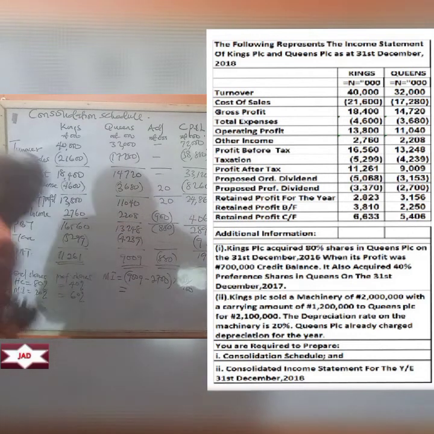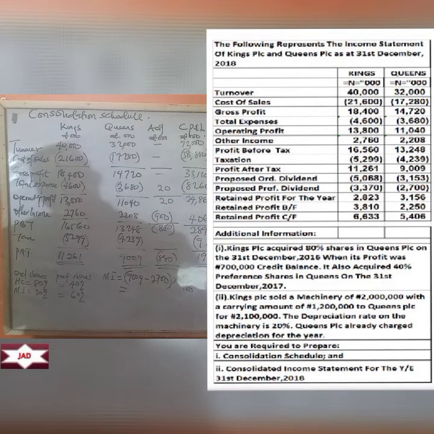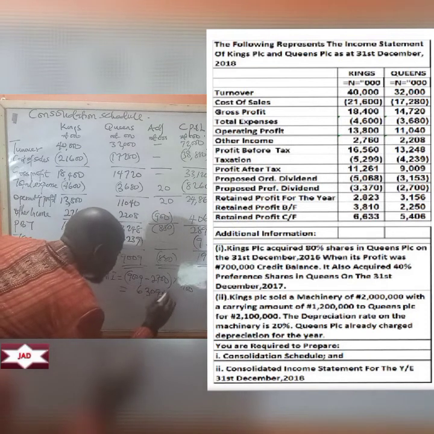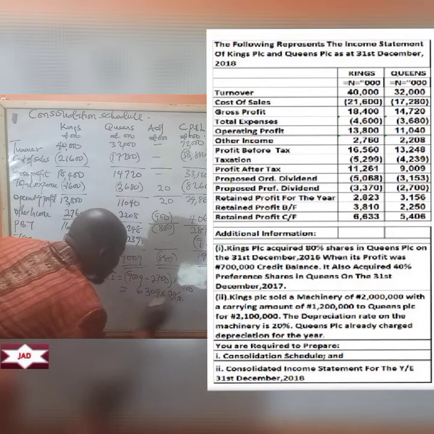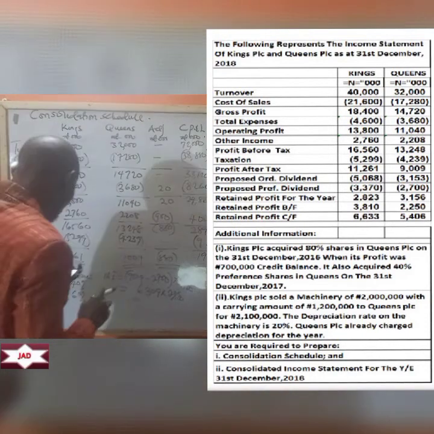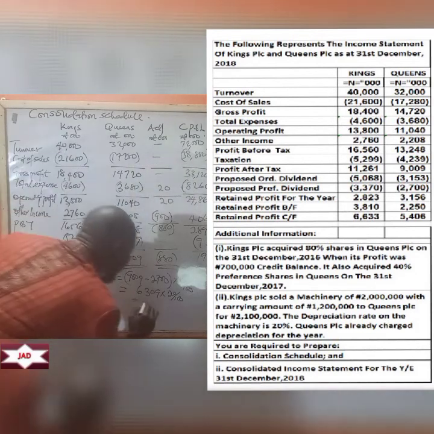That will be equal to what? 9,009 minus 2,700. That's 6,309 times 20 over 100. So what does that give to you? This is 1,261.8.